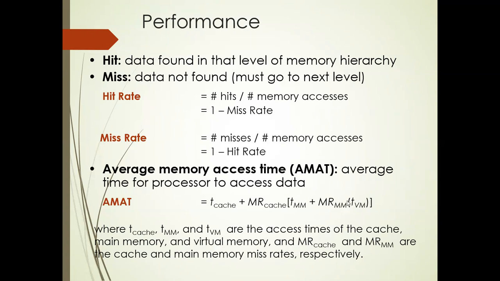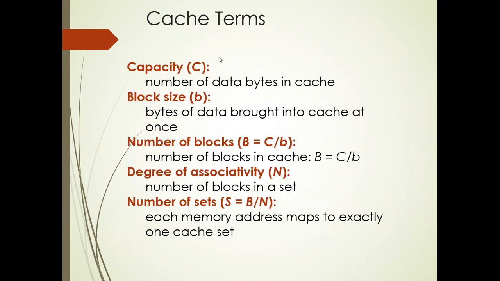So the cache replacement algorithm should seek to reduce the miss rate in the cache. If you reduce the miss rate of the cache, then these terms will be small. Else, if you don't optimize this, then your average memory access time will be long, and this will impact the execution of your program.